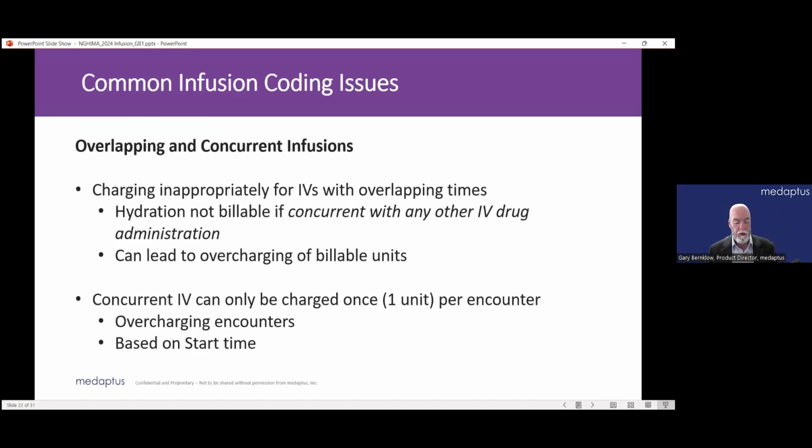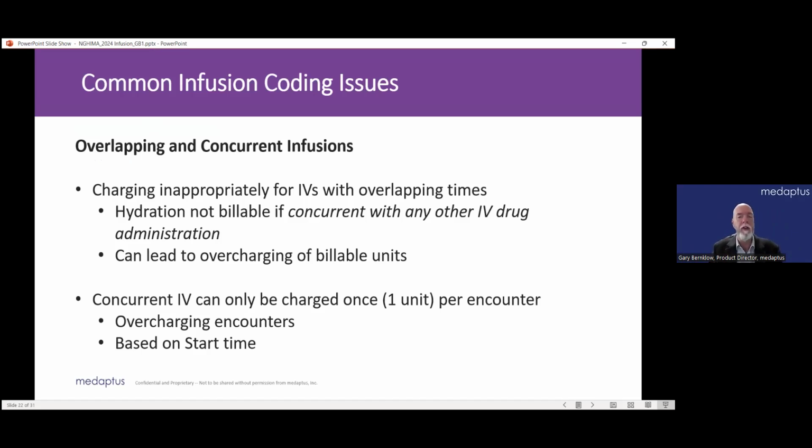Lastly, and this is a very good chance, your coders and nurses might not be charging overlapping or concurrent infusions accurately. The rules are very specific about overlapping time and concurrent drugs being infused. So typically we see inappropriate charging for IVs with overlapping time, especially in the hydration area.